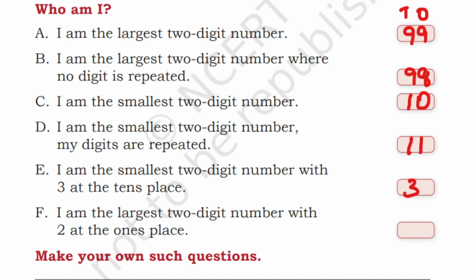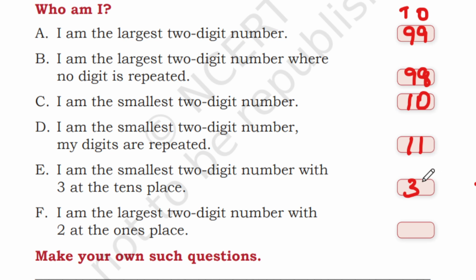And we are getting 30. Here we have 3 in tens and 0 in ones, and this is the smallest two-digit number, because after 30 we have 31. When you compare 30 and 31, 30 is the smaller number.